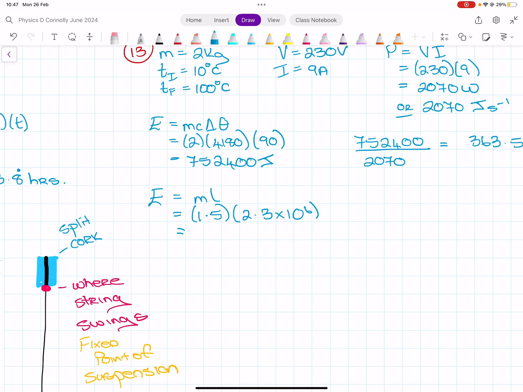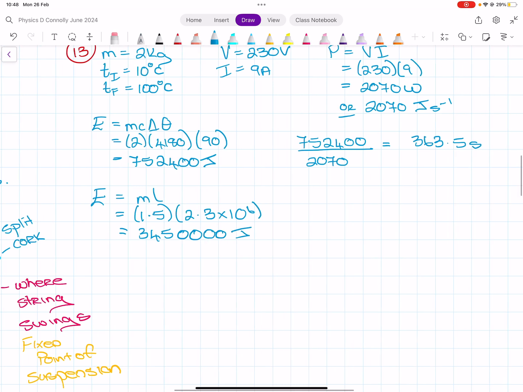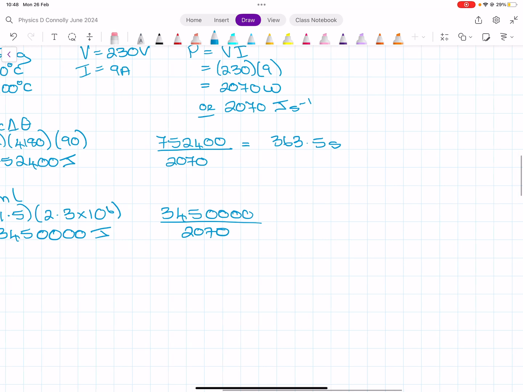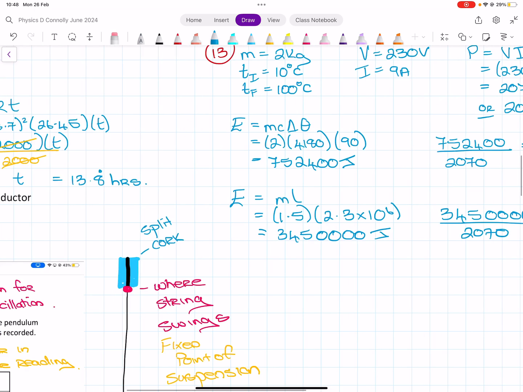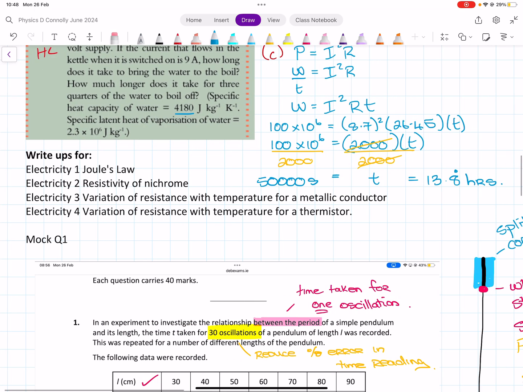So that multiplied by 2.3 by 10 to the 6 is 3,451,234 joules to boil off. So at 2070 joules per second, that is 1666.6 recurring seconds. So how much longer?